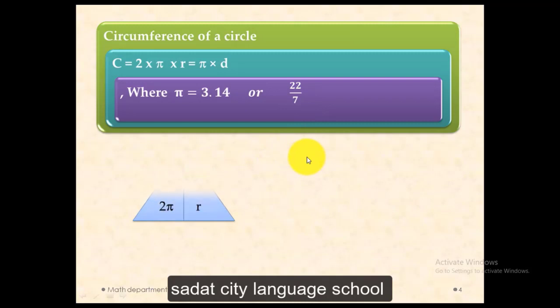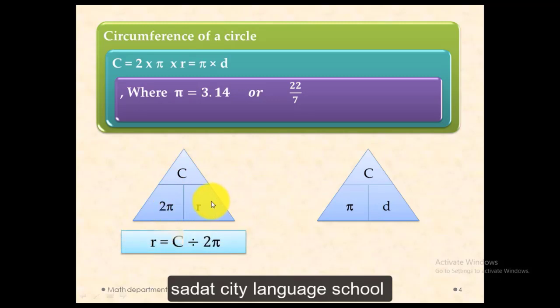We can relate circumference and radius by the magic triangle, and we can relate circumference and diameter by the magic triangle. How? If we want circumference, it equals 2 pi times the radius.